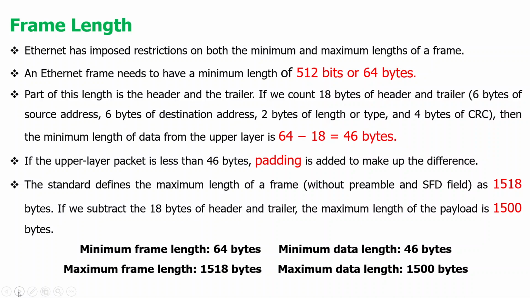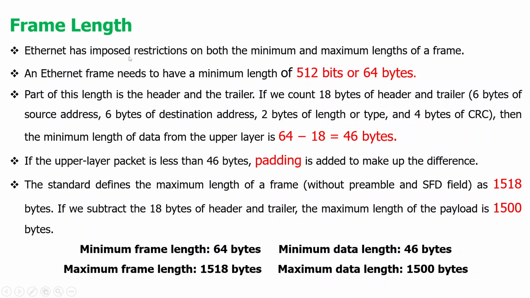Next, the overall frame length. The Ethernet frame has a minimum length of 64 bytes and a maximum length of 1518 bytes, with a minimum data length of 46 bytes and a maximum data length of 1500 bytes.